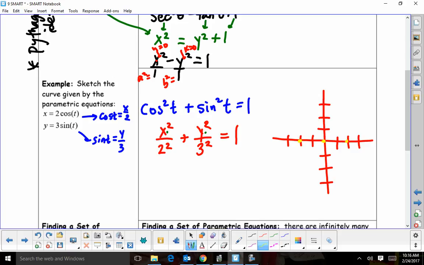Because it's a squared, right? So the a is 2. How far out from the center do I go on the y's? And since it's a plus, this guy is an ellipse, which I can see.